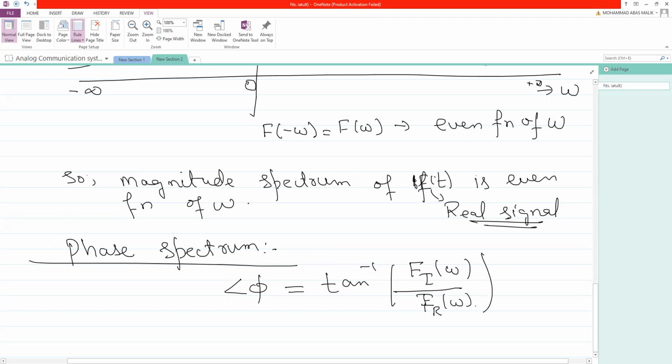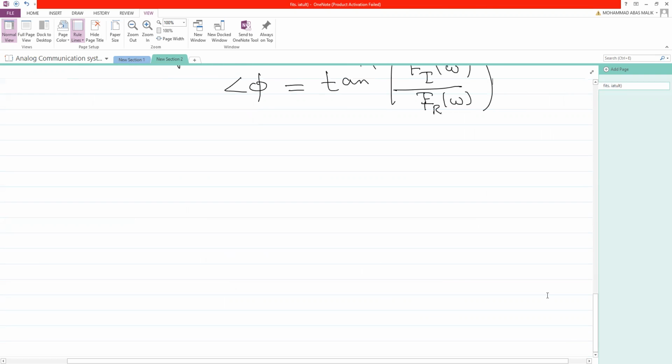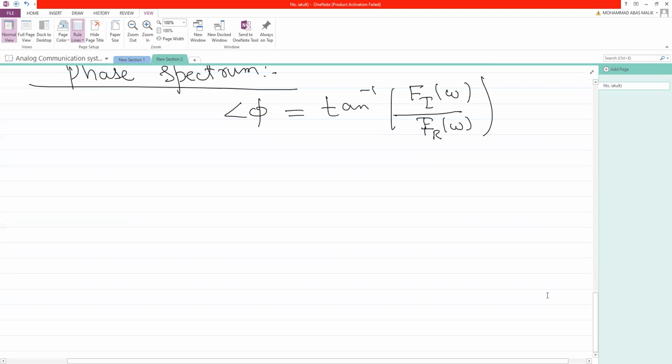So this is just tan inverse of b by a, where b is the imaginary part and a is the real part. Now can anybody tell me the value of angle phi after putting the values of f imaginary and f real?